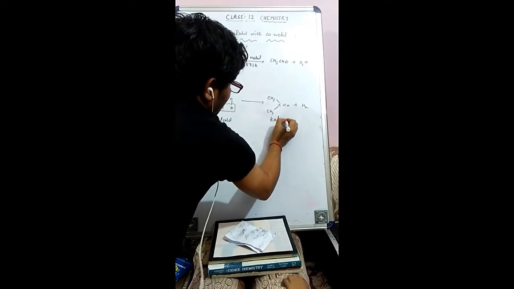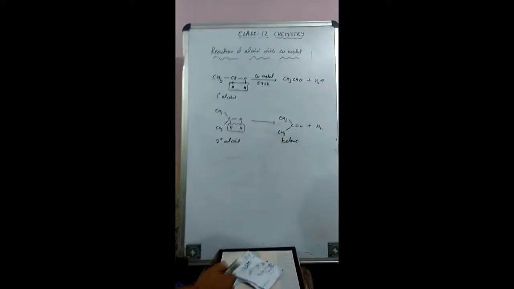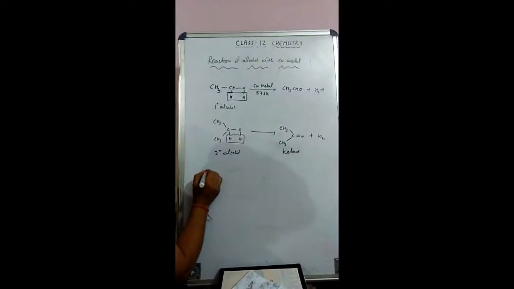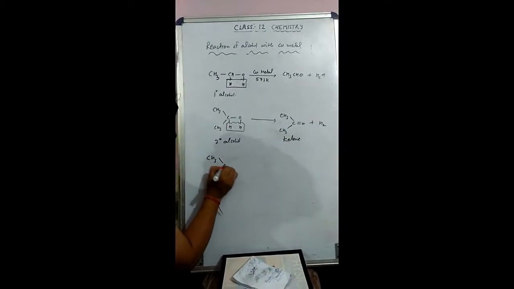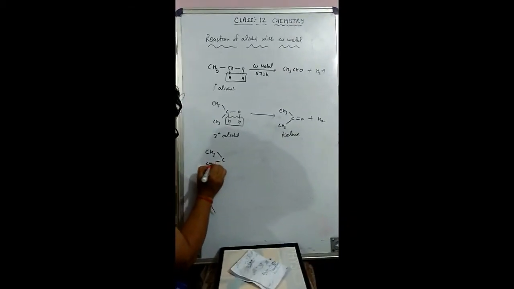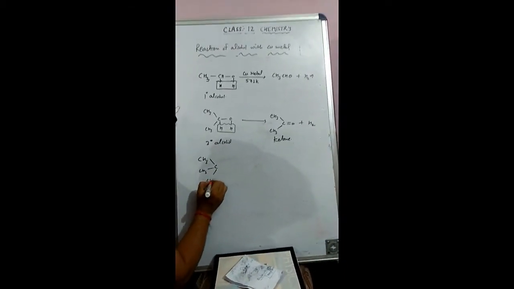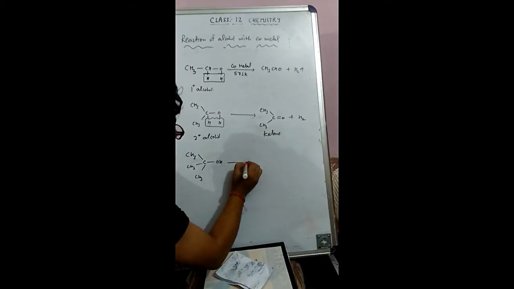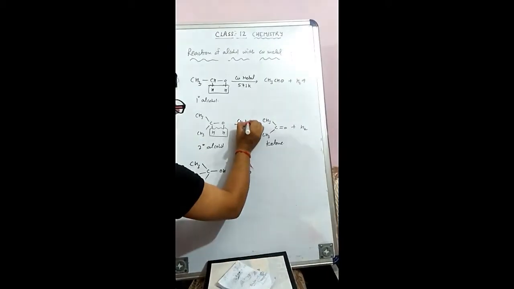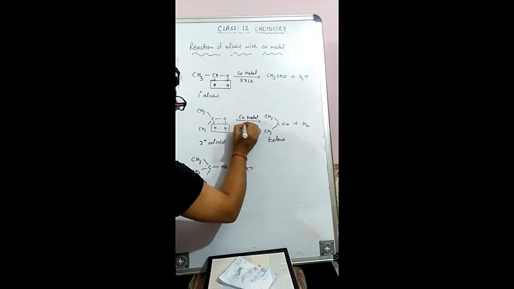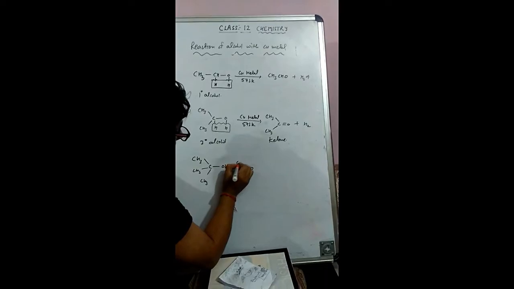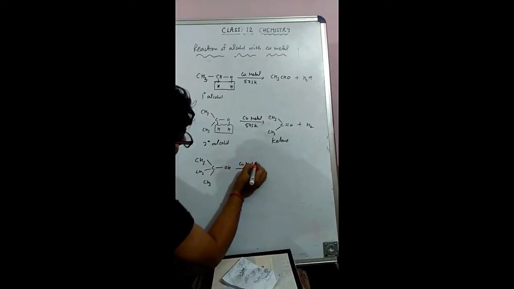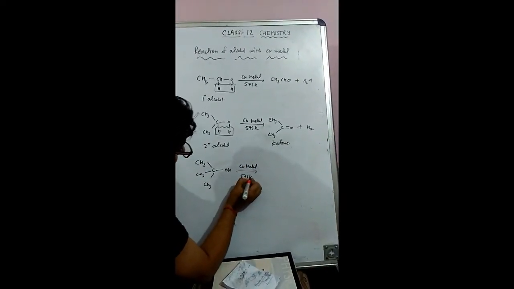Same, we are taking a tertiary alcohol. The tertiary alcohol is CH3 single bond C, with single bond CH3, single bond CH3, and single bond OH. This is also with copper metal, and the temperature is the same, 573 Kelvin.